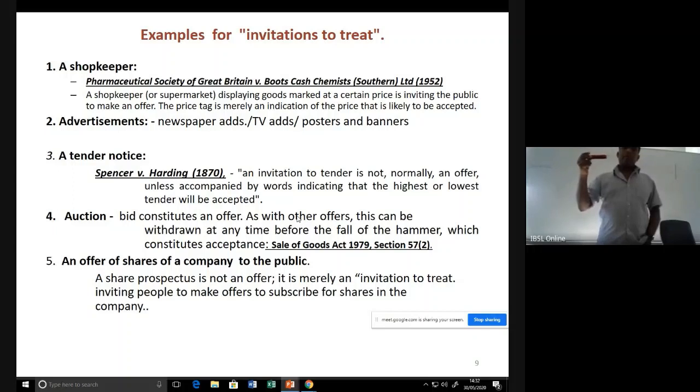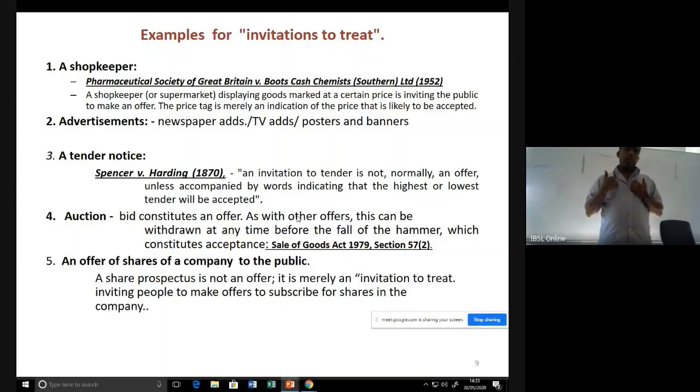The minimum price is 500. Then the crowd raise their hands and bid. They say, okay, 550. Another one raises the hand and says 600. Likewise, bids come from the audience.